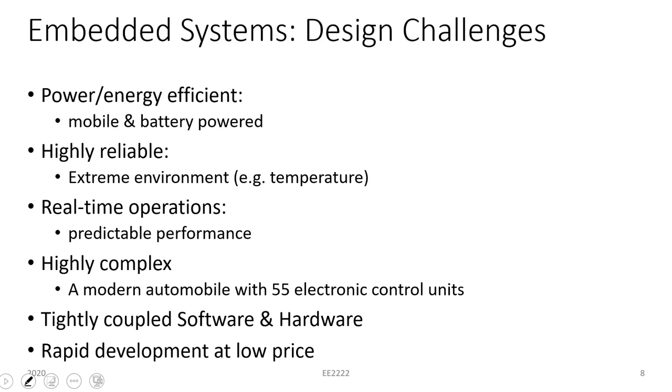Some of these systems can be highly complex. For example, if we take a modern automobile, it can have more than 50 electronic control units and things like that. So again, having specialist processors and capabilities like that built on special purpose processors may be advantageous. And given most embedded system applications are tightly coupled software and hardware implementations, it would be advantageous to use these specialist system on a chip processors to build these systems.